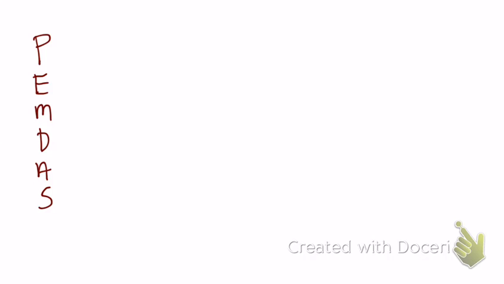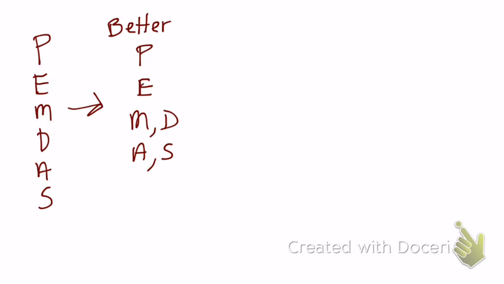So if you're going to use PEMDAS, a better way to write it would be like this, so that you have your multiplication and division on the same level and addition and subtraction. And just remember that you go left to right with multiplication and divisions or additions and subtractions. The way I prefer to do it is a little bit different. It really doesn't matter to me which way you do this.